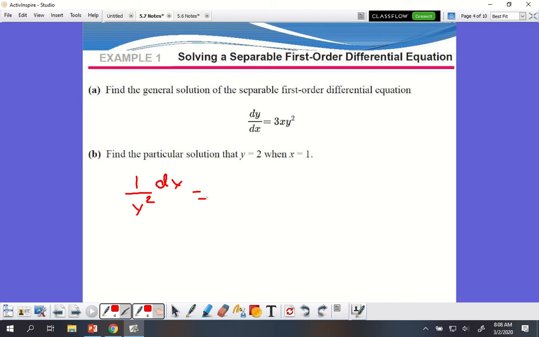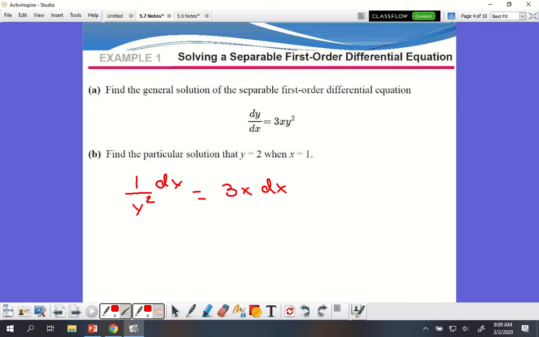Equals, and I'm going to multiply both sides by dx, so that's going to give me a 3x dx. And we always said that the dx is just a delta x, right? And to undo that, I would integrate that. So let's integrate that to find out what I'm going to end up with.